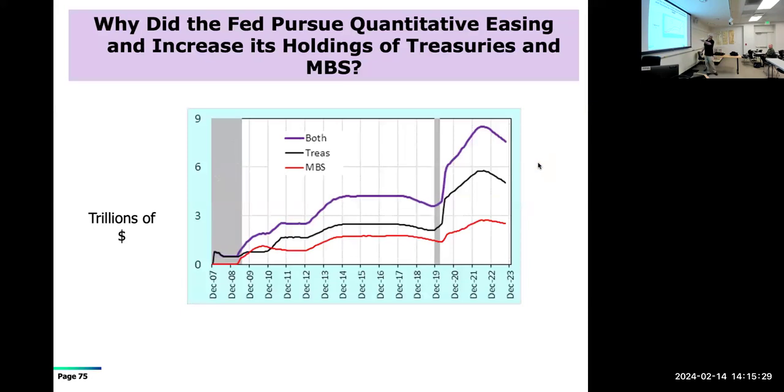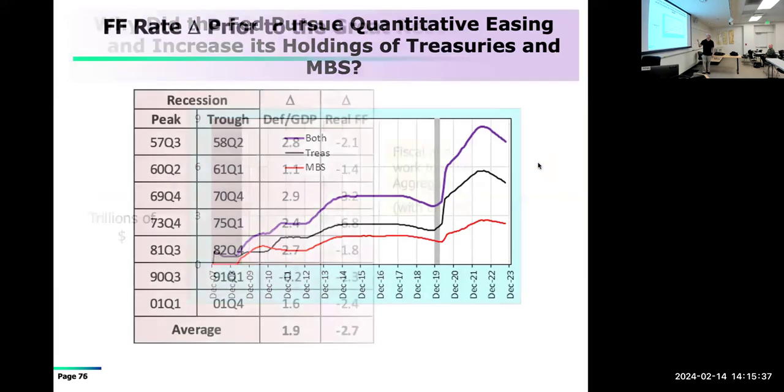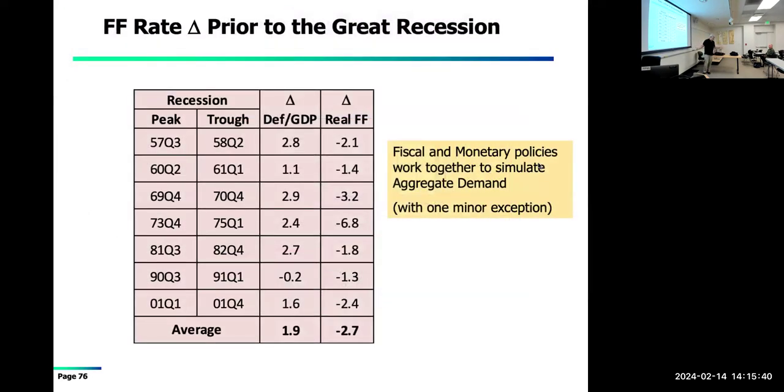This is how they pursued the interest. This is just the lines of the graph that you've seen before in terms of the size of their overall position. And why they did it is because the policy adopted is we don't want negative rates, which means we can't lower interest rates as much as we want to stimulate economic growth.